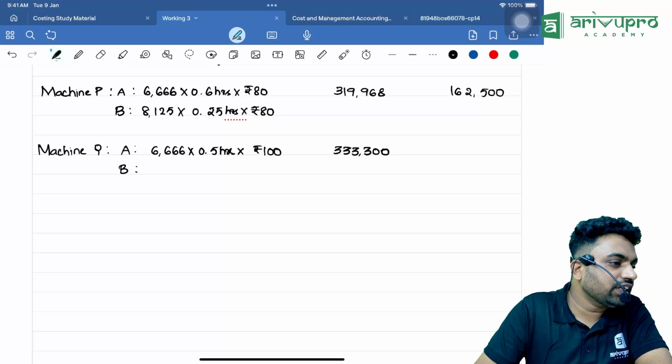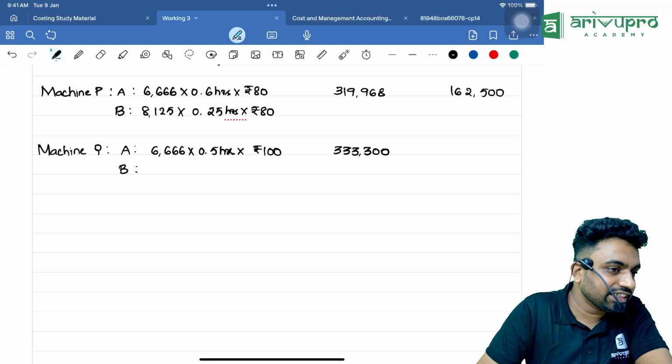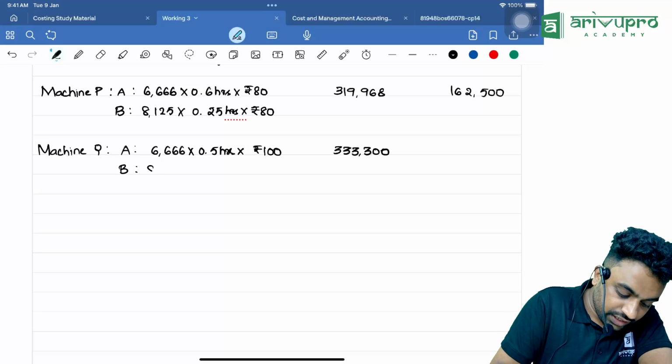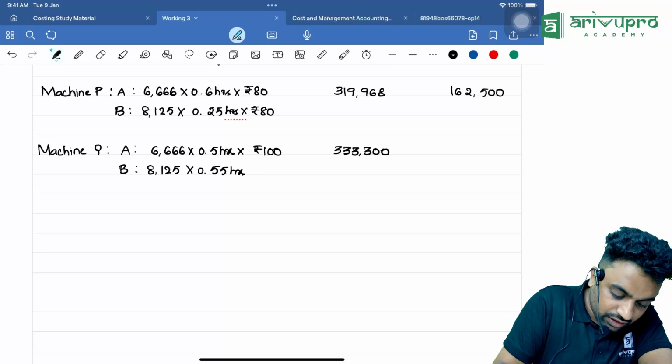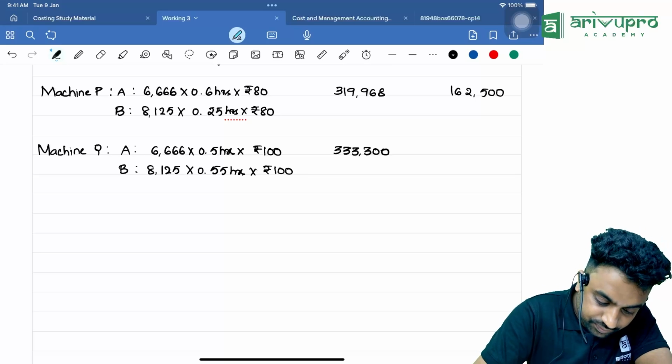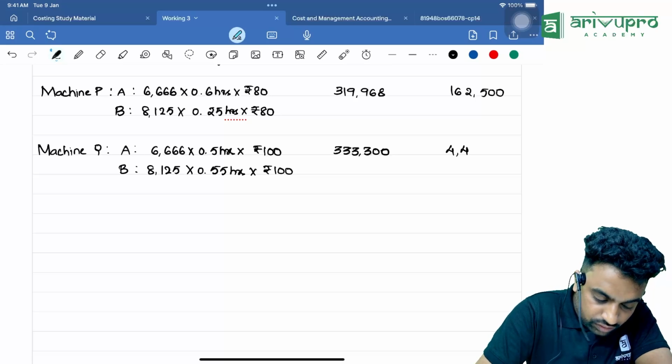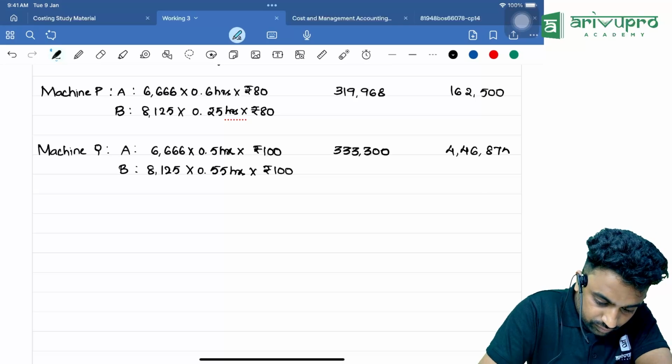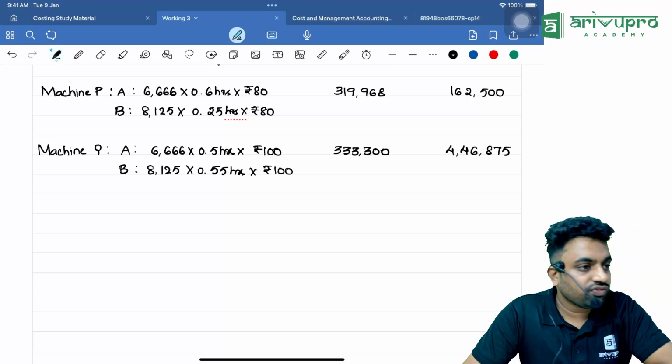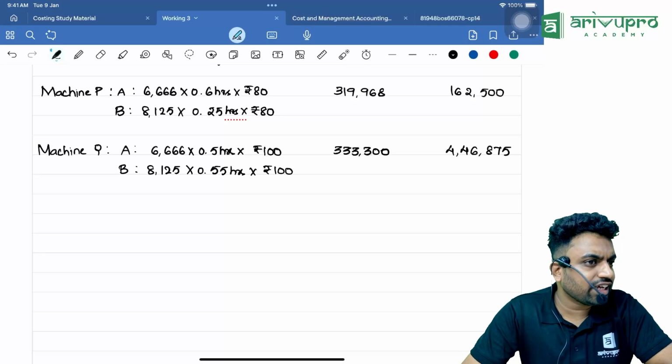If you had taken it as 6.67 thousand, you would have got 3,33,333 might be. Next one, 8,125 units. It takes 0.55 hours of Q, which is 4 lakh 875.